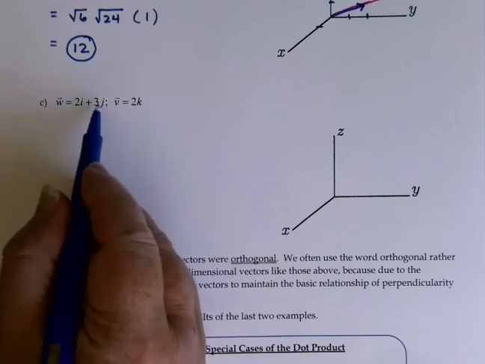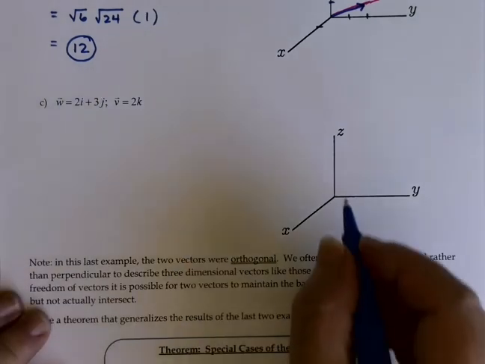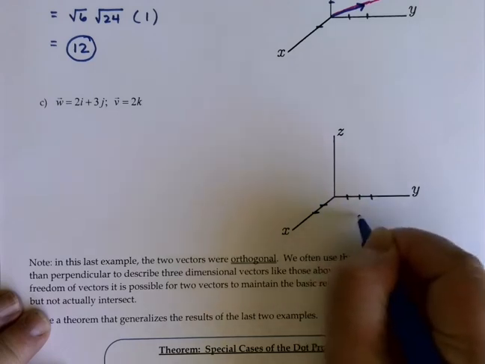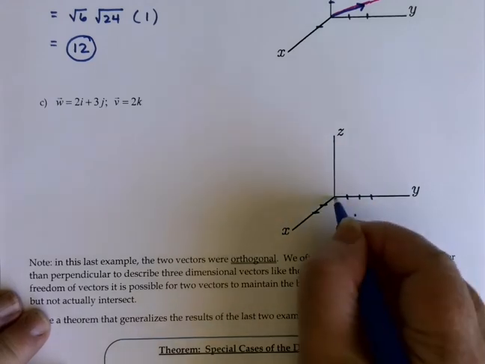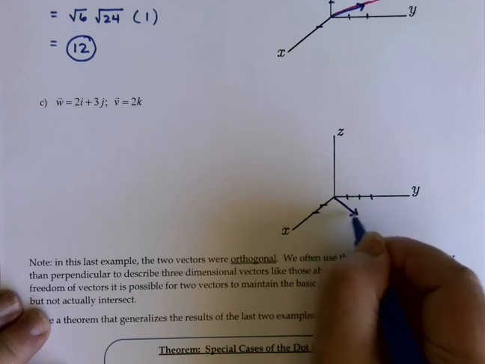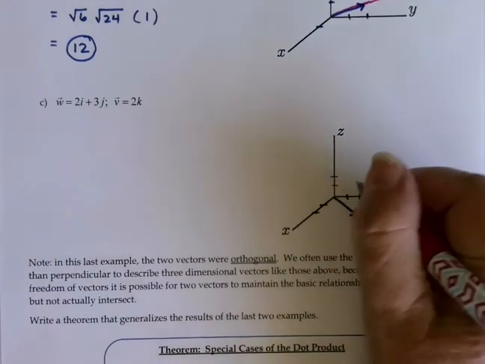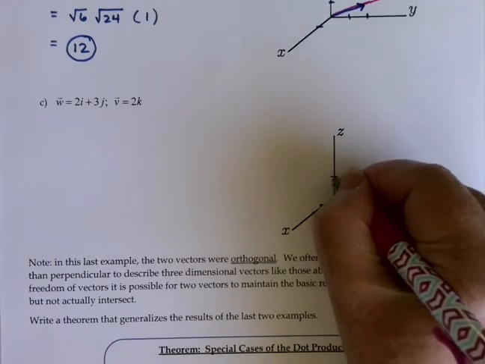So notice that W is in the XY plane. 2 on the X, 3 on the Y, about there. V is 2K, so 2 units straight up the Z-axis.